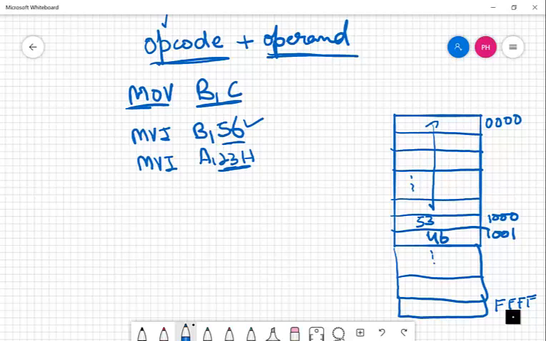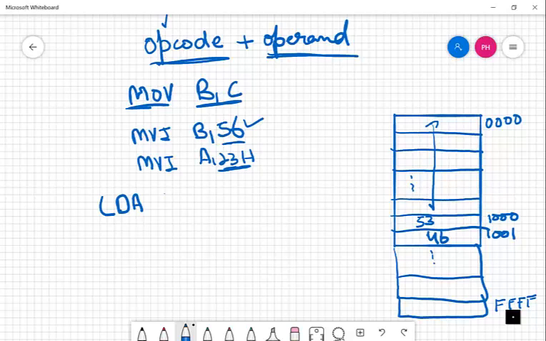If we need to store it permanently, we might have to save it inside the memory. So how do we do that? We have two instructions, one for loading data from memory and one for storing the data inside the memory. We have LDA. The opcode is LDA, load into accumulator.